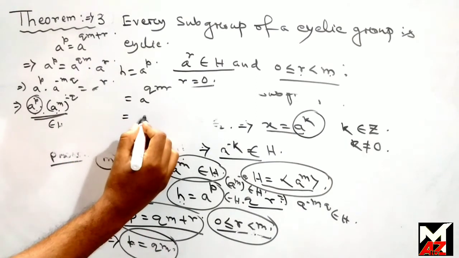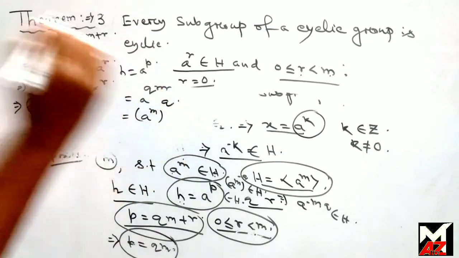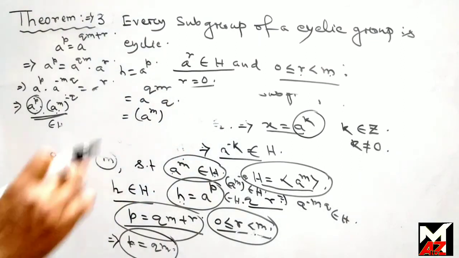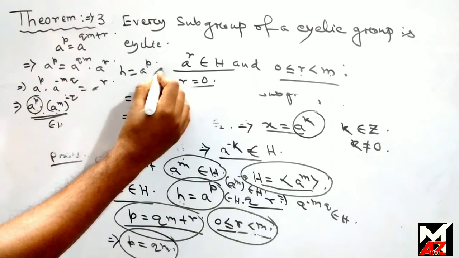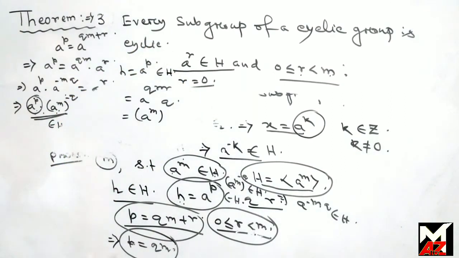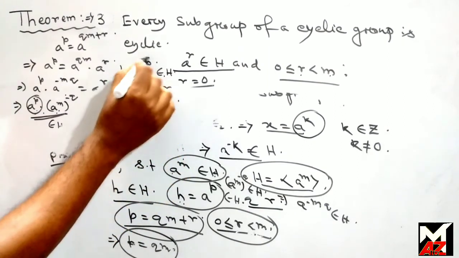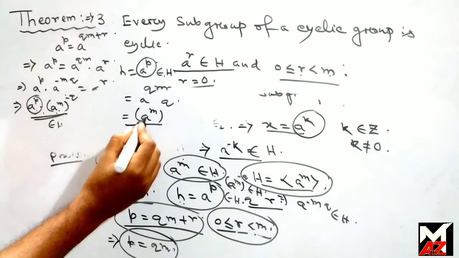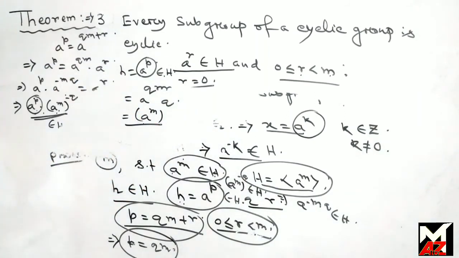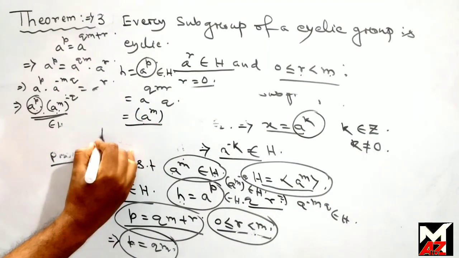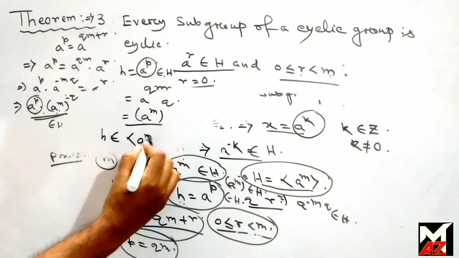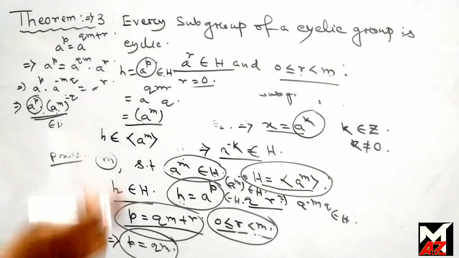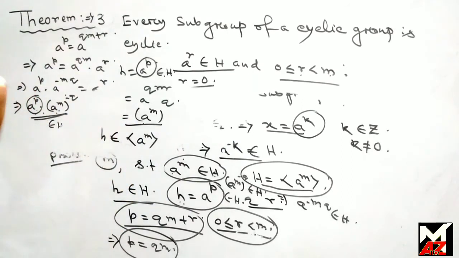So this is a to the power M to the power Q. So we take h is equal to a to the power P, be any element of H, and here we see that this element can be generated by a to the power M also. So we write that h belongs to the cyclic group generated by a to the power M, or a to the power M generates every element of capital H.